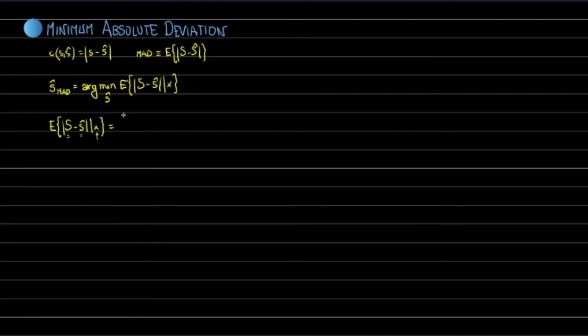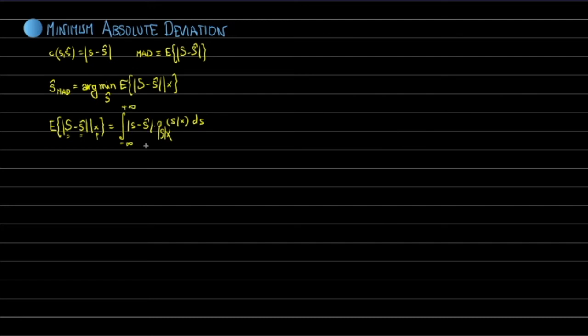So this will be equal to the integral of the absolute difference between S and S hat times the posterior probability density function of S given X, differential S. Okay? And this integral should be computed from minus to plus infinity.